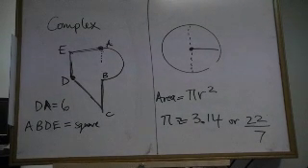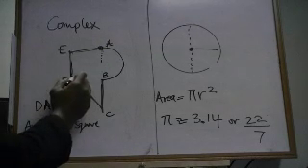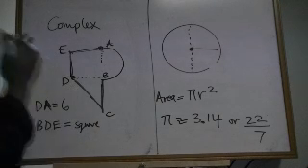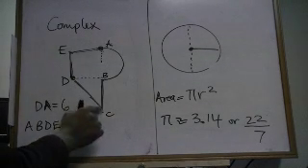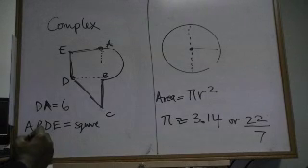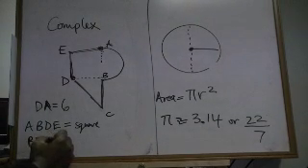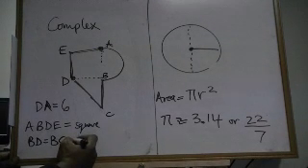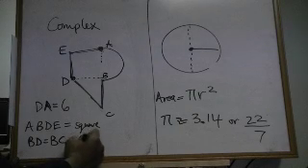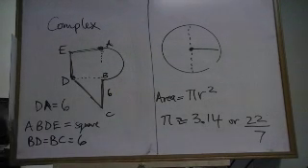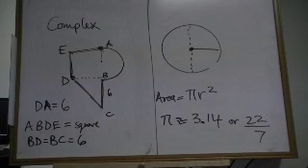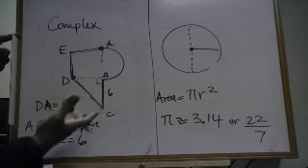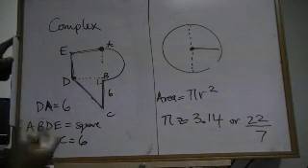There you go. Now, I've got my triangle here. I can just say it's isosceles with BD equals BC equals 6. Now, these are the dimensions that I'm given, and that's really all I need.